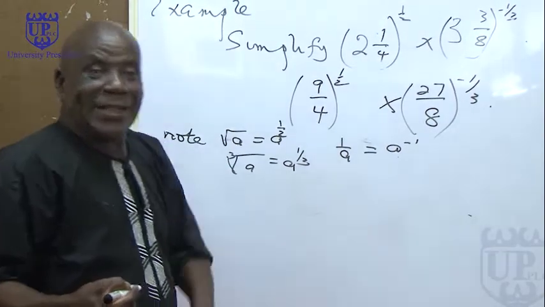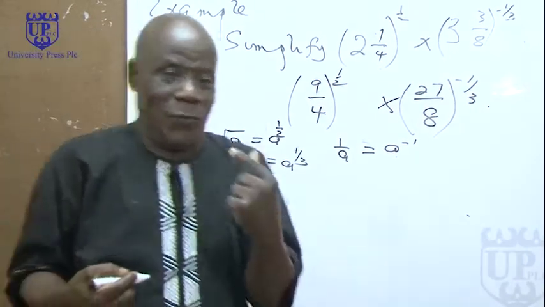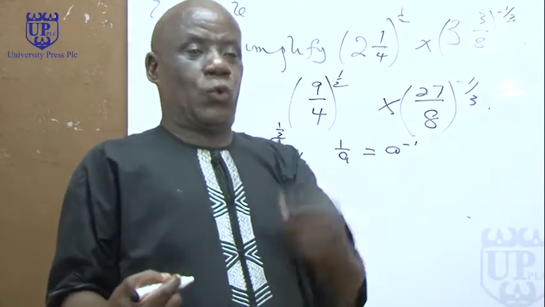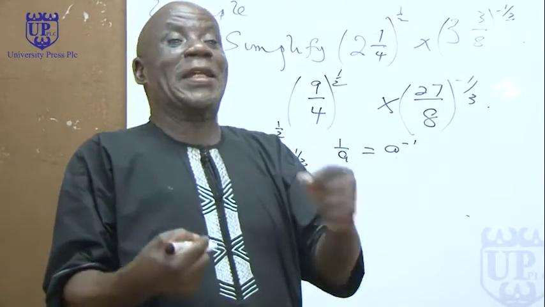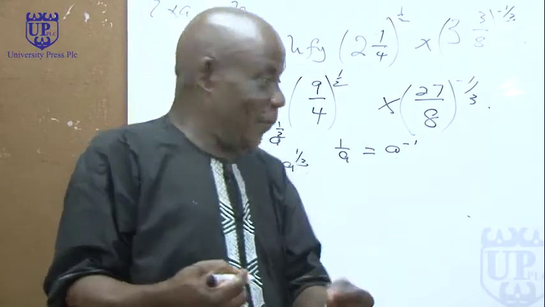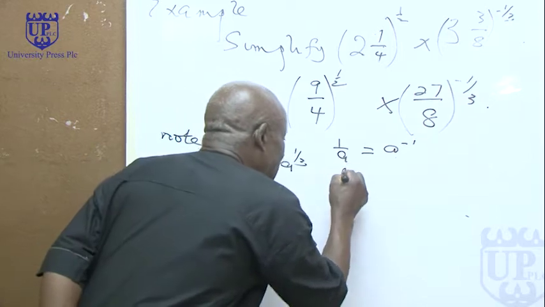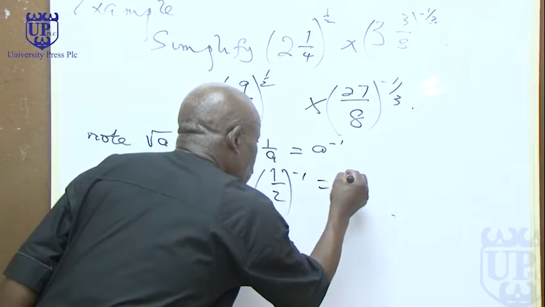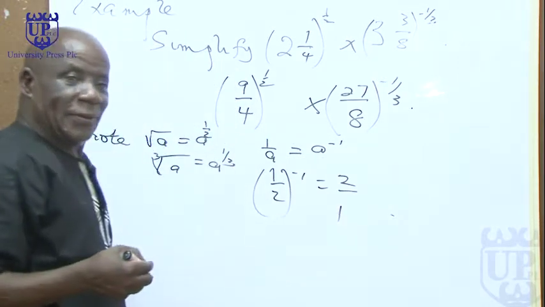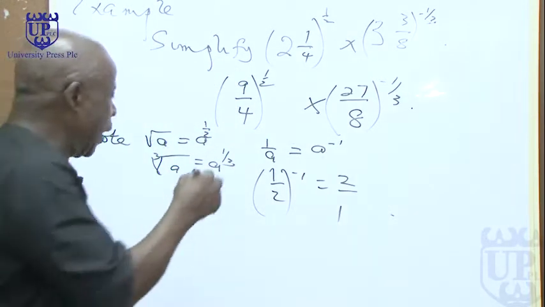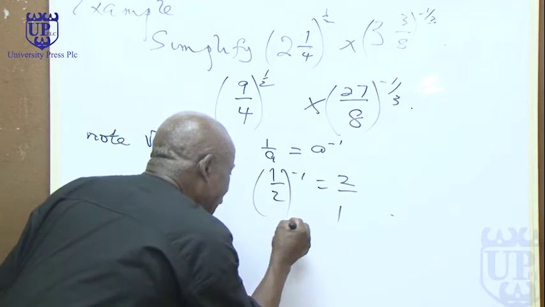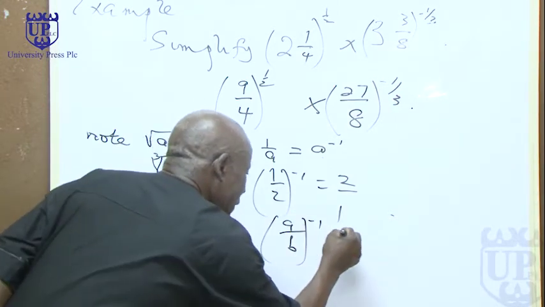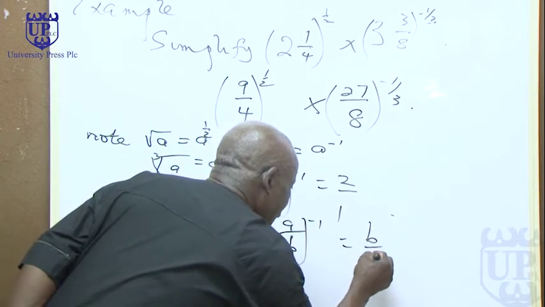Not only that, the inverse of a fraction, for example 1 over 2 inverse, is the same thing as 2 over 1. In general, a over b inverse is the same thing as b over a.